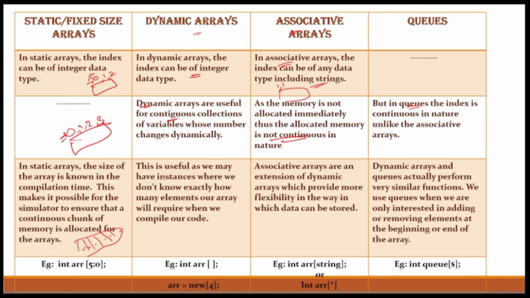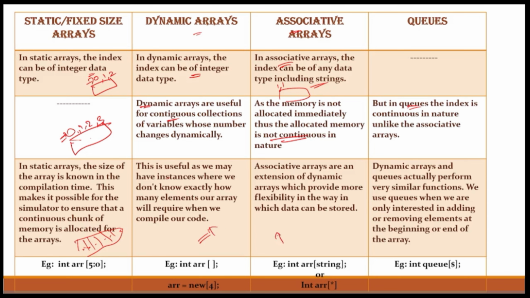This is useful as we may have instances where we don't know how many elements we require. Basically, dynamic array is used when we don't know how many elements we require, and if we fear wastage of memory. If we don't want to waste some amount of memory, in such cases we will be using dynamic array.